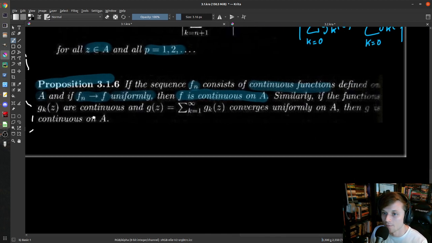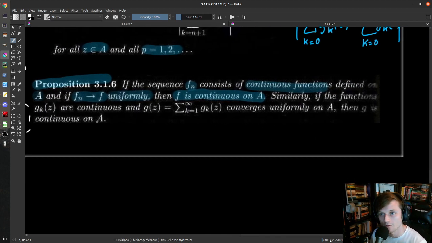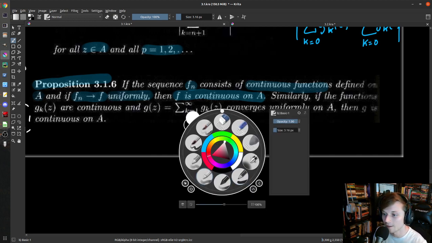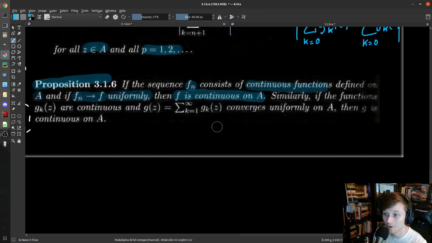However, for uniform convergence, we preserve continuity. So a sequence of continuous functions converging uniformly to some function, well, that limiting function is also continuous. And so it's a heck of a thing, and a very, very useful feature of uniform convergence, and why we care about it here.